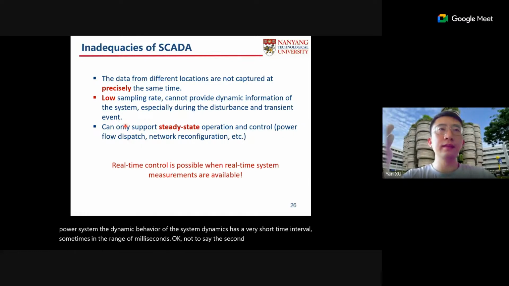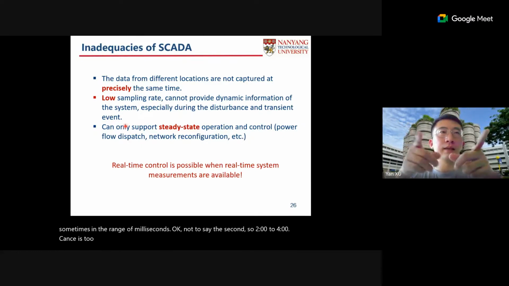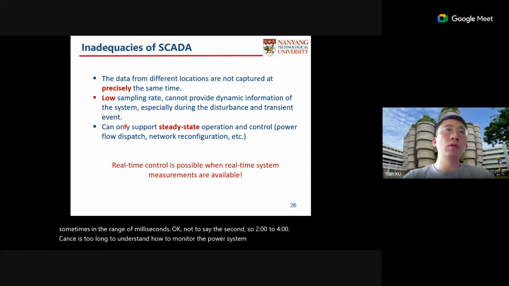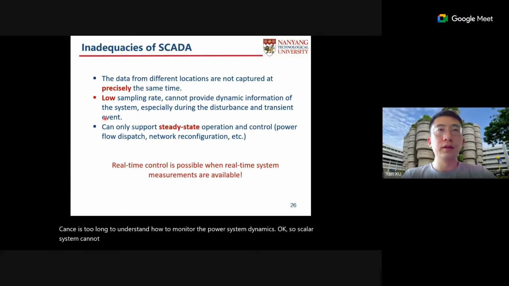So 2 to 4 seconds is too long to monitor the power system dynamics. So the SCADA system cannot provide dynamic information of the system, especially during disturbances and transient events.